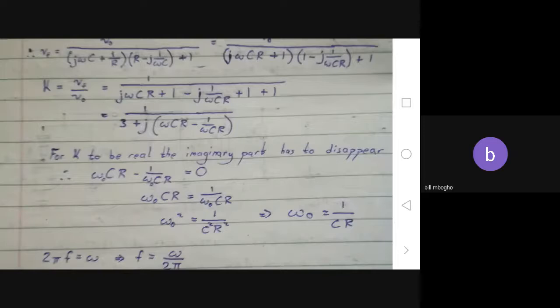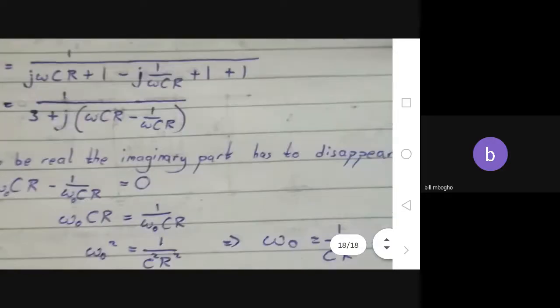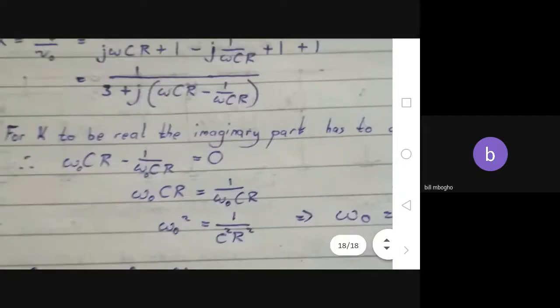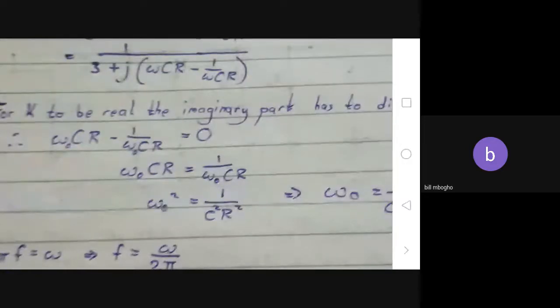Now that something in those brackets is the imaginary part, so you need it to be zeroed out. So you equate the omega CR to 1 over omega CR. That's what I did there. You get omega naught squared is equal to that, and then you can get omega naught.